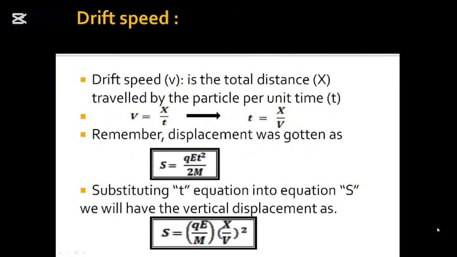So, in this equation of displacement, if I don't want to put in the time there, I can also use the time equation, which is x over v, to replace my time, just like what we're doing with acceleration. So here, x is equal to qE. Instead of t squared now, I put in x over v, all squared.